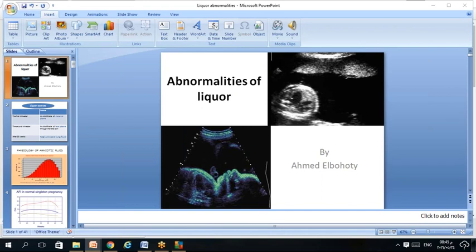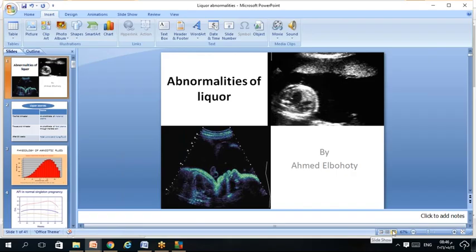I think the biggest topic today is intrauterine fetal death, which is actually very important, and it's a difficult issue actually, difficult to tell the patient, difficult to find the cause, difficult to manage. So it's an important topic for us, inshallah.